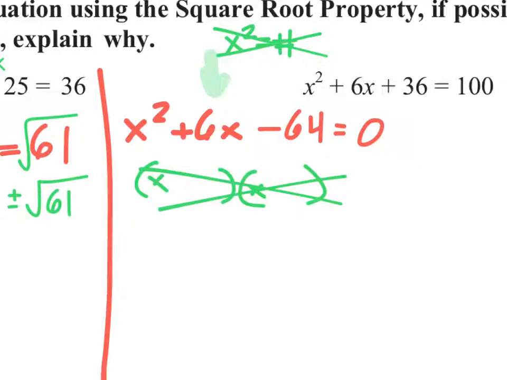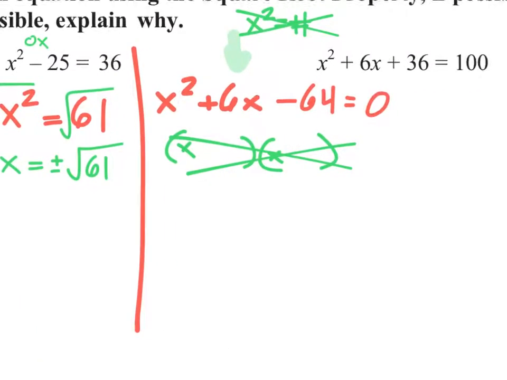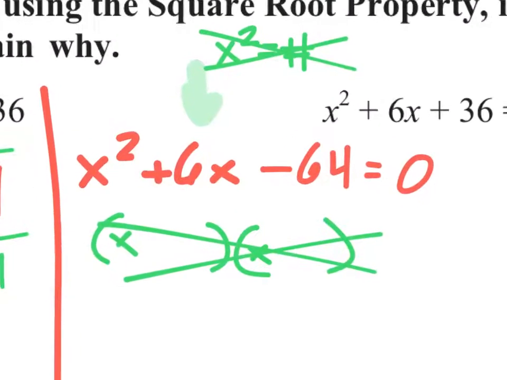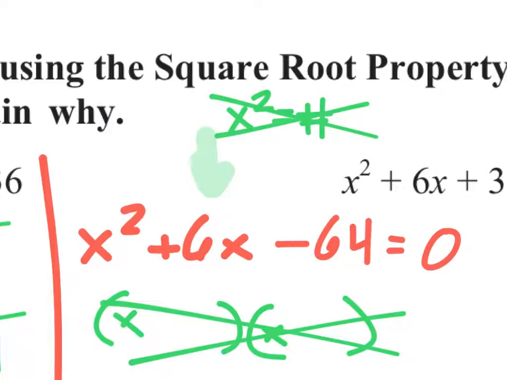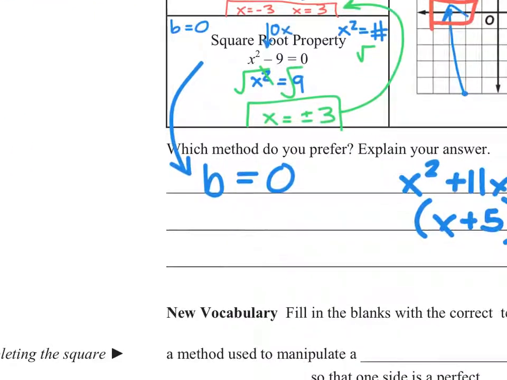If you tried to solve this one by graphing, your table would never have a 0 show up. This one's actually going to have a square root answer, similar to how that one had a square root answer. And that's where our new method needs to come into play. It's where it's not factorable. I can't use the square root method because there's a b term. We need a new method.